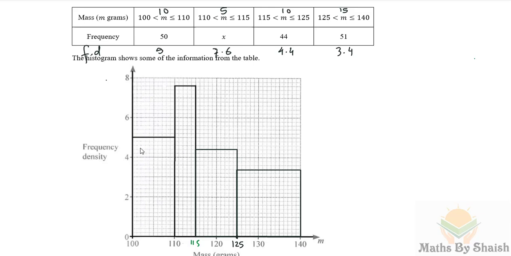This is the histogram completed, because this is 4.4 corresponding to the interval 115 to 125, and this is 3.4 from 125 to 140, which is the frequency density. So that's the complete histogram, and that's it for this video. We will discuss the next few questions in the next video.